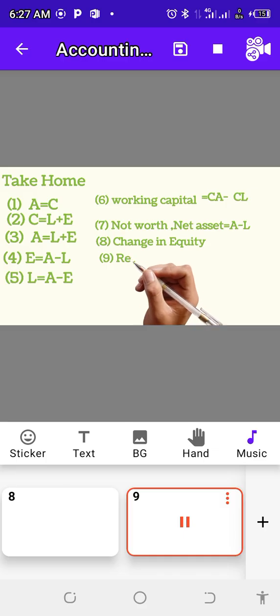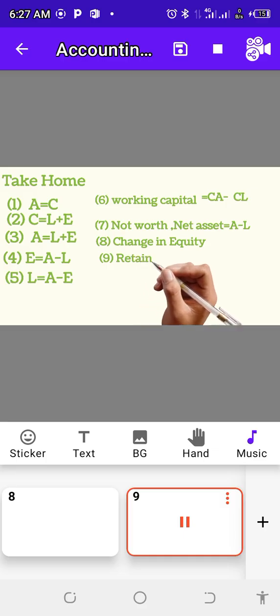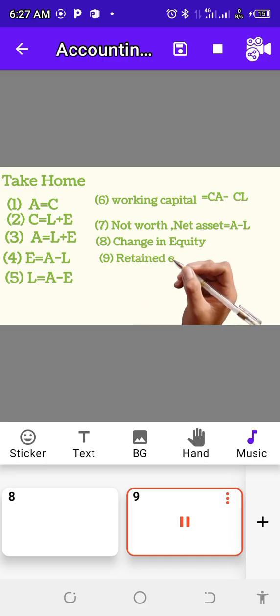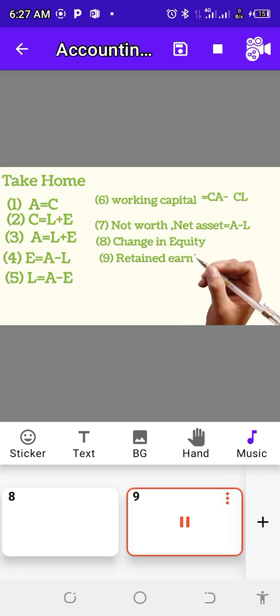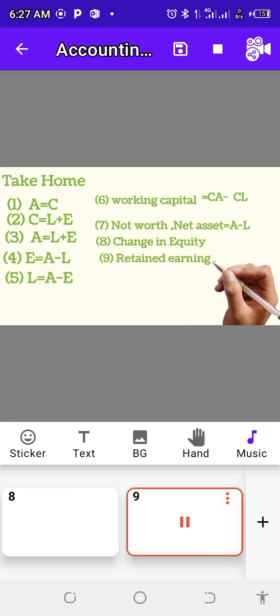It is important to note that capital is not the same thing as equity. Capital is the universal set, while equity is a subset. Equity is an integral part of what? Capital.